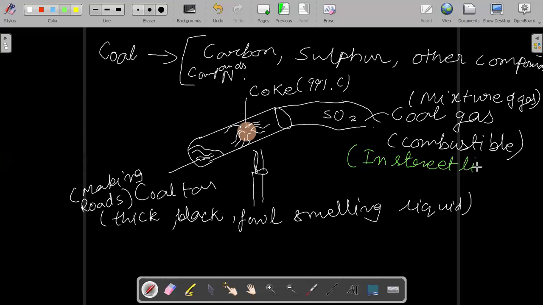It is combustible, so it can be burnt to produce heat. These are the different applications of the products.